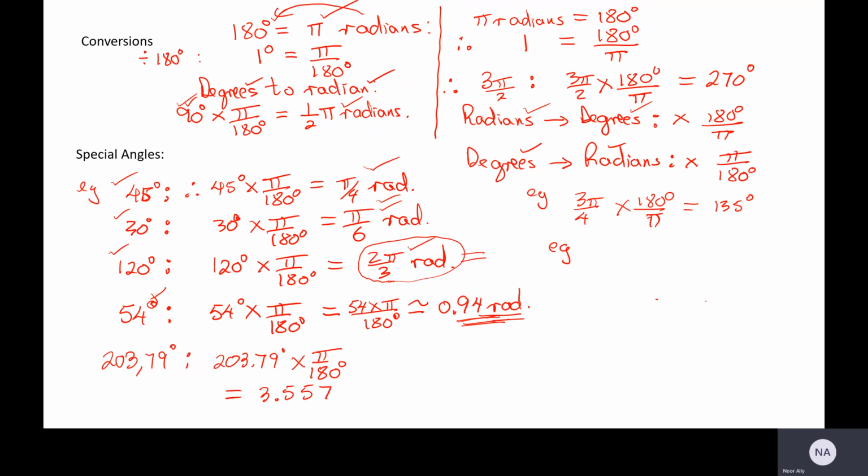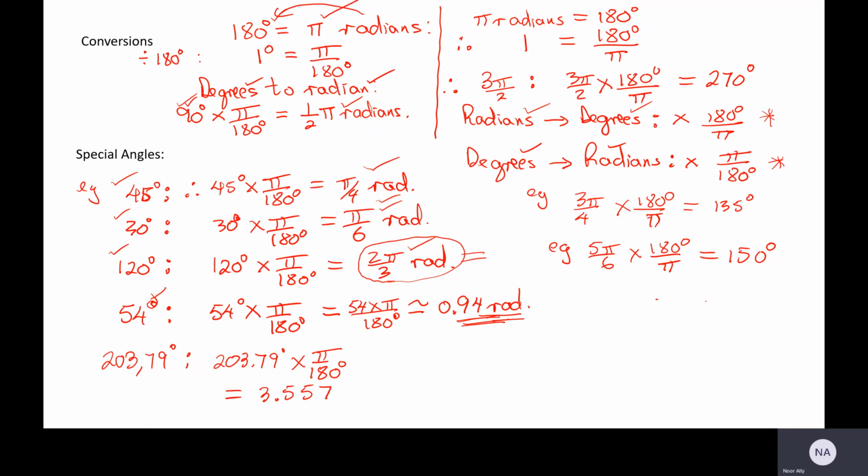What if I give you 5 pi over 6? So that's my radian measure. What would you multiply by? 180 divided by pi, and that gives me 150 degrees. So there's your conversions. We can go from degrees to radians, multiplied by pi over 180.